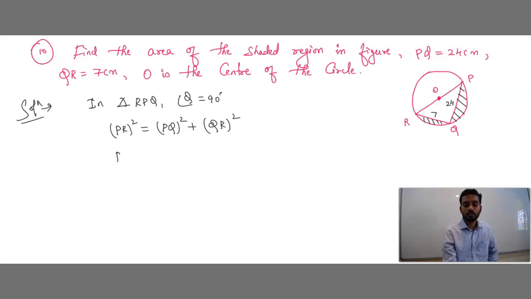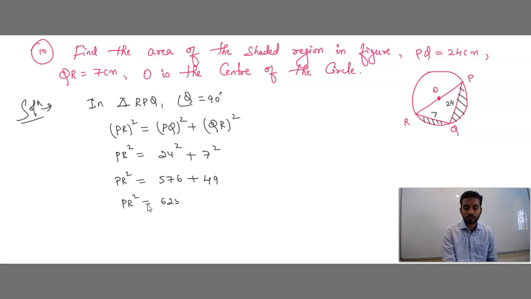Right? Now PR square is equal to PQ, what is the value of PQ? 24, 24 square. QR is 7, that is 7 square. Now PR square equals 24 into 24, 24 into 24 is 576, plus 7 sevens are 49. So PR square is equal to 576 plus 49. It's 625.